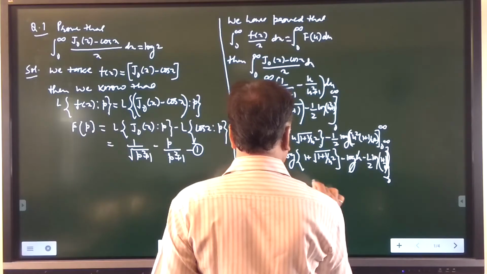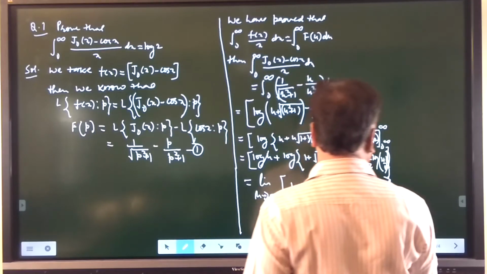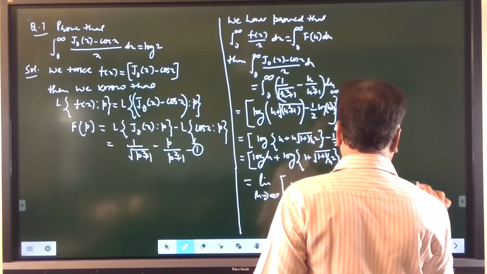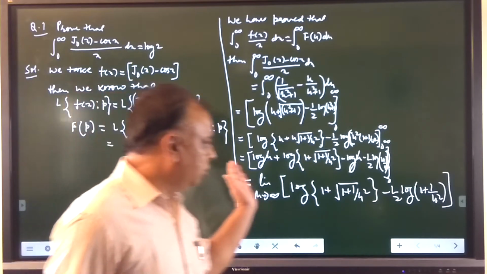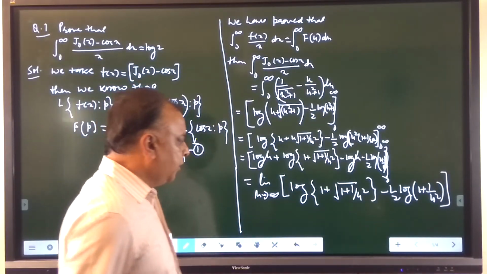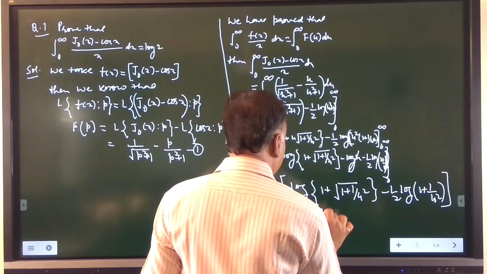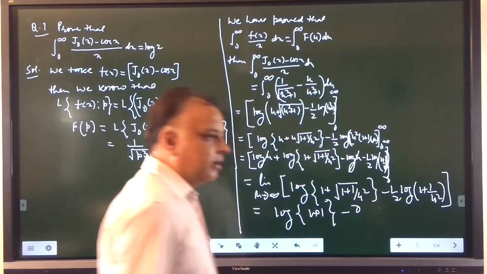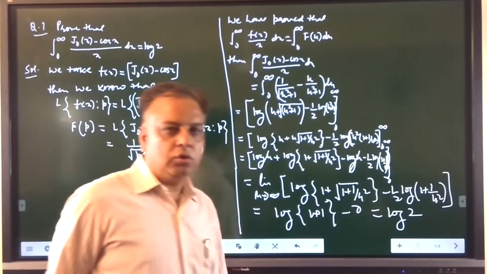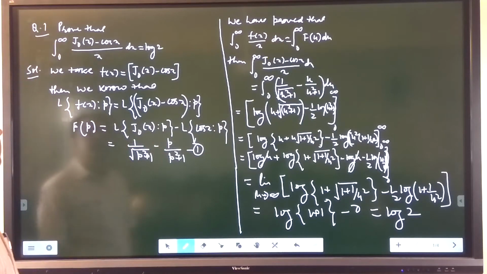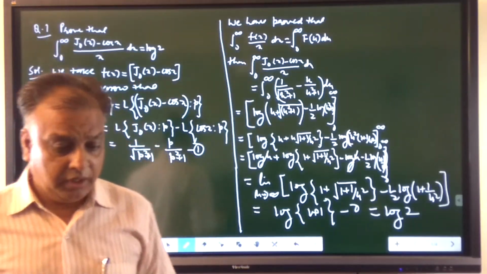We get log of 1 plus under root of 1 plus 1 upon u square, minus 1 by 2 log of 1 plus 1 upon u square, and the limit u tends to 0 comes to be 0. So if we put this limit u tends to infinity, we get log of 1 plus 1, and all the rest of the terms come to be 0. So this is equal to log of 2. So the integral from 0 to infinity of (J0(x) minus cos x) upon x dx is equal to log 2, which is the required result.